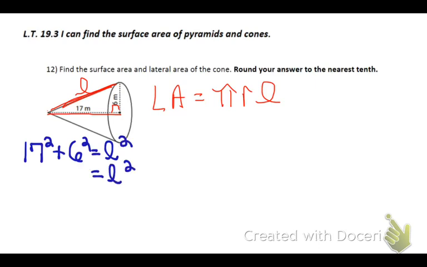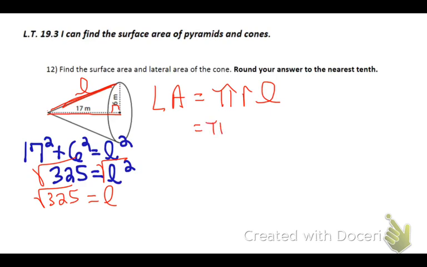So L squared equals, let's do 17 squared plus 6 squared. I got 325 for this. Okay, then we want to take the square root. So let's say that L is the square root of 325. Okay, well, that's a decimal of some sort. But I think I'm going to go ahead and just use the square root of 325 as the slant height.